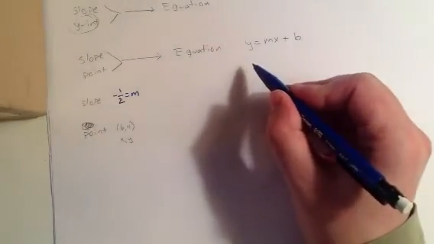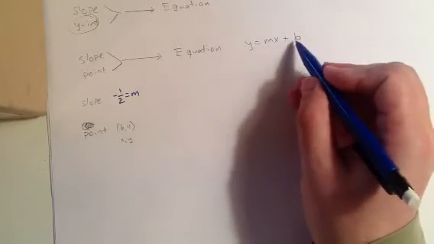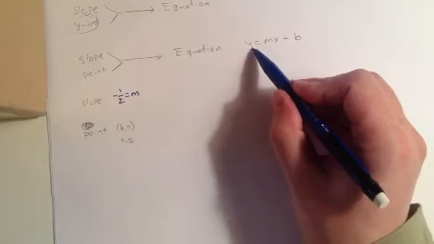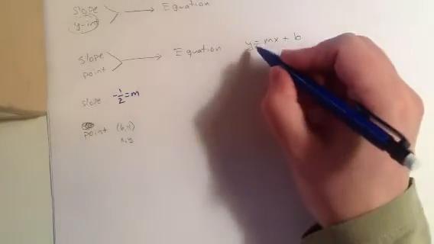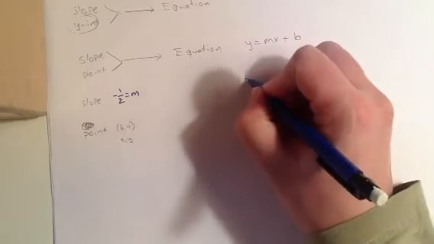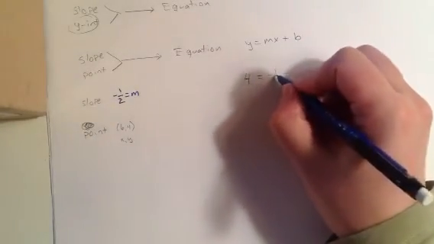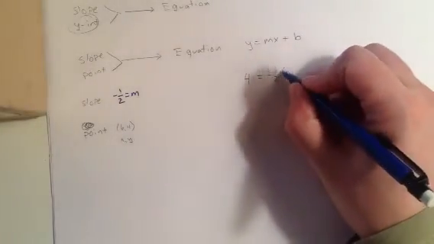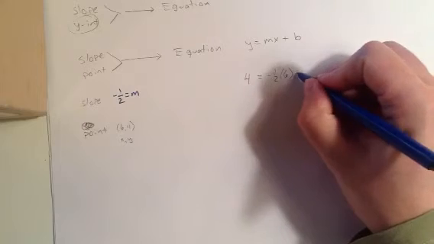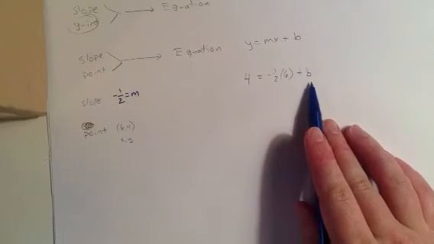So in y equals mx plus b, I actually have 3 of the 4 parts. I know a point (6, 4). 4 is y, so I'm going to replace the y with 4. The m is negative 1/2, and the x is 6. I'll put that in parentheses. What I don't know is what the b is. In other words, I'm going to figure it out by just solving for it.